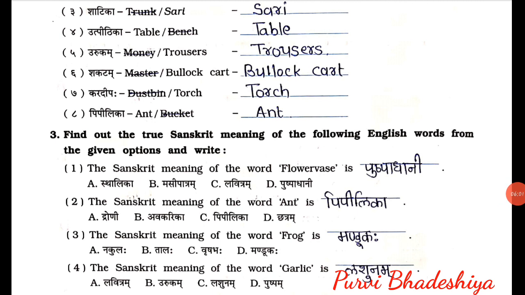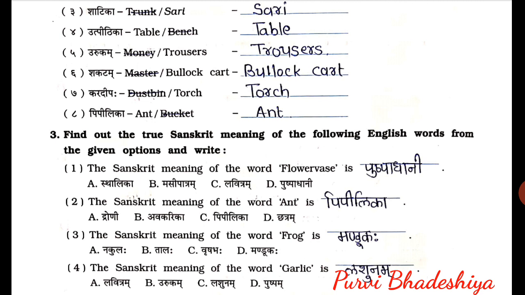Now fourth number is Utpithika, table or bench. So the correct answer is T-A-B-L-E, table. Fifth one, Urukam. Two options are given, money and trouser. So the correct answer is trouser. T-R-O-U-S-E-R-S.